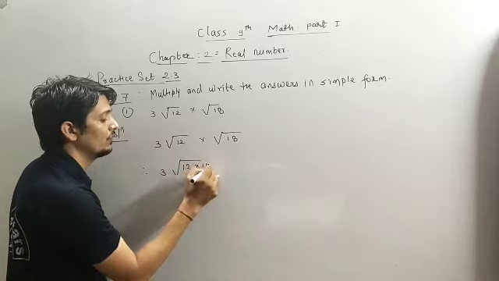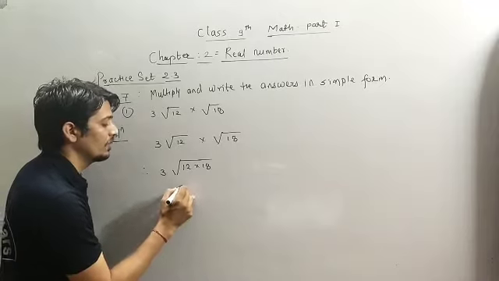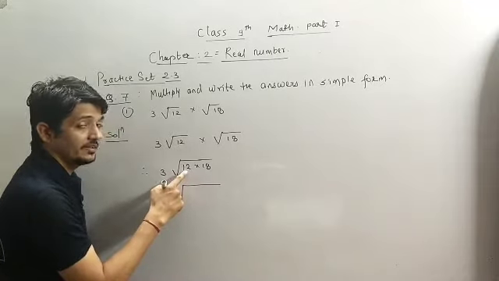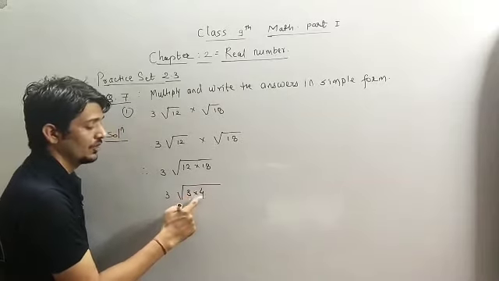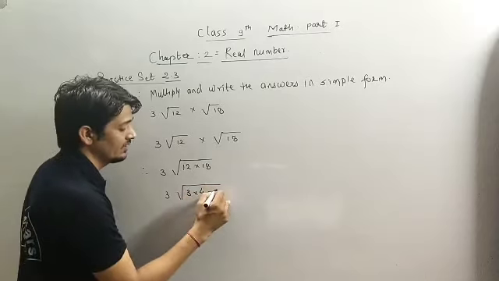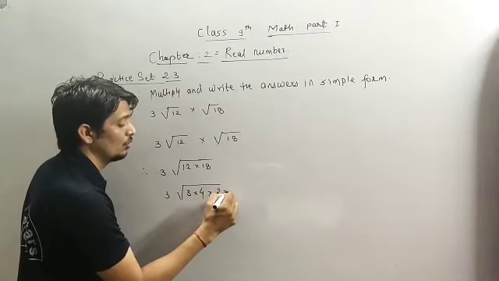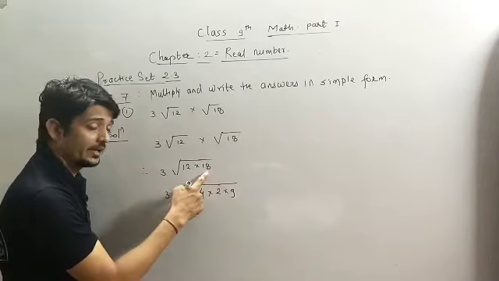Again we have to multiply. See, we have to write 12 as 3 into 4, 3 4s are 12, and 18 can be written as 2 into 9, 9 2s are 18.